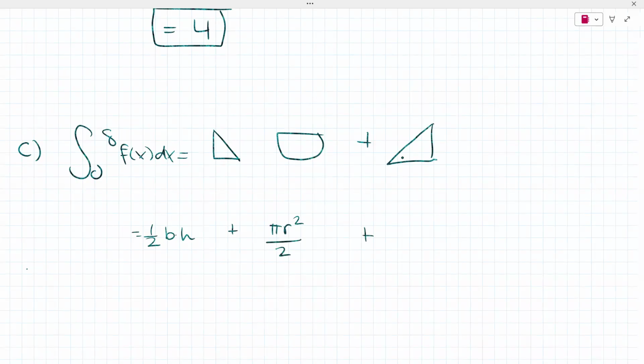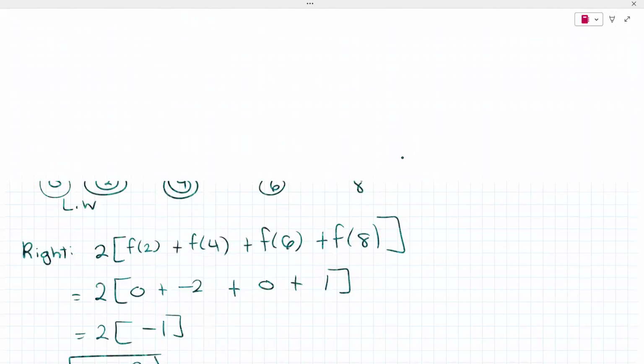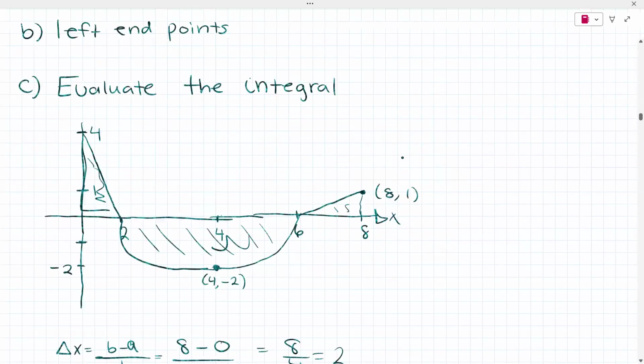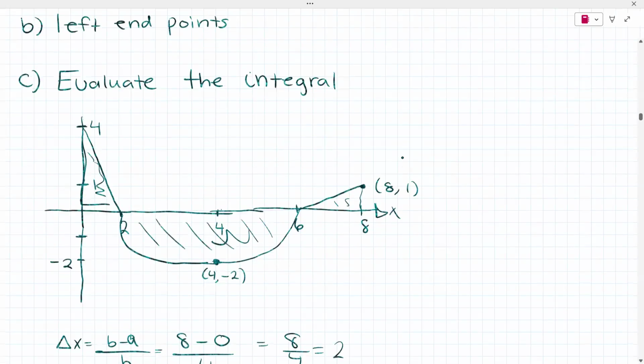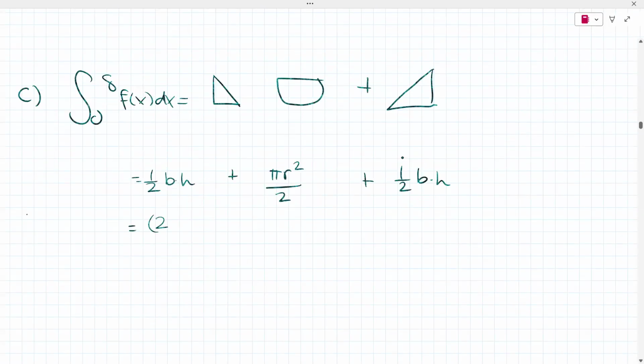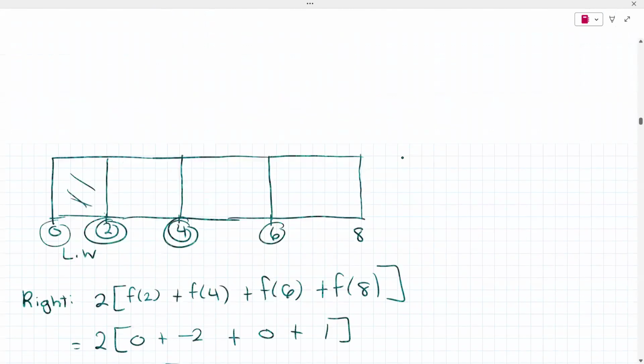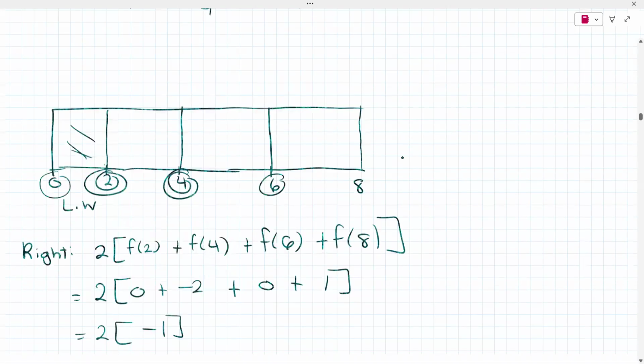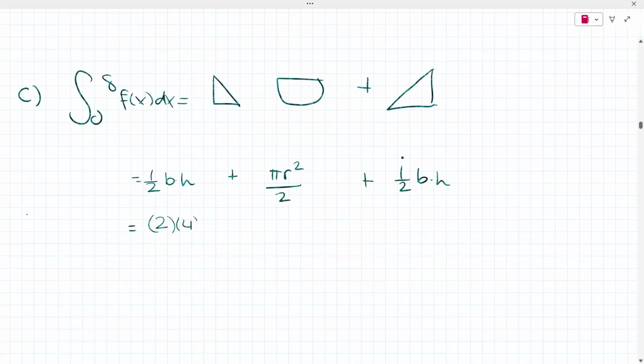And the area of this last triangle is also 1/2 base times height. Okay, so let's look at the first triangle. What's the base? 0 to 2, that looks like it's 2. What is the height? I believe it spits out 4. And then all over 2.